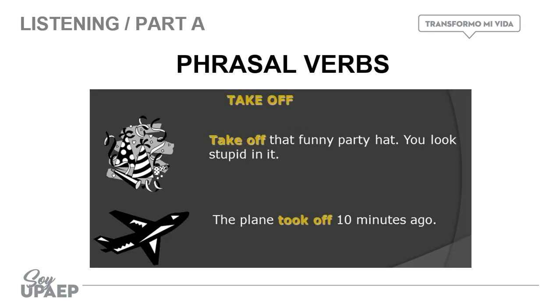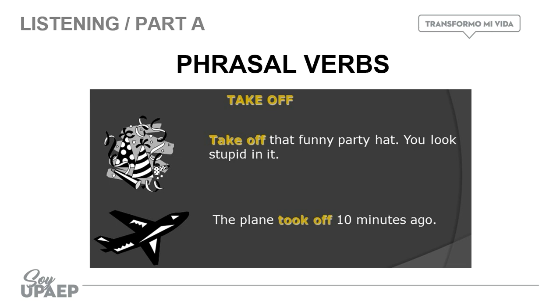We have the phrasal verb take off, and it also has two meanings, the literal and the idiomatic. For example, take off that funny party hat. You look stupid in it. Okay, in that situation, the words mean what they mean, right? So this is the literal meaning. And on the second sentence, we have the plane took off 10 minutes ago. In that case, the meaning is idiomatic, okay?